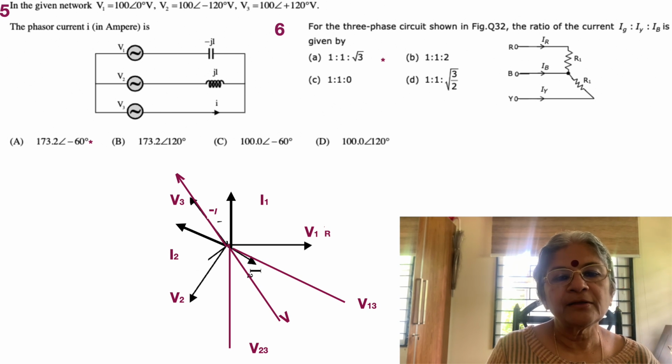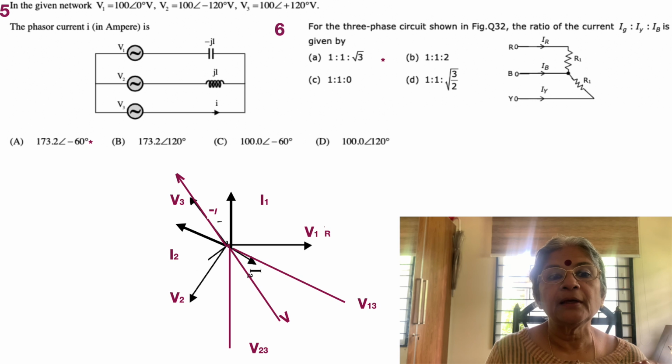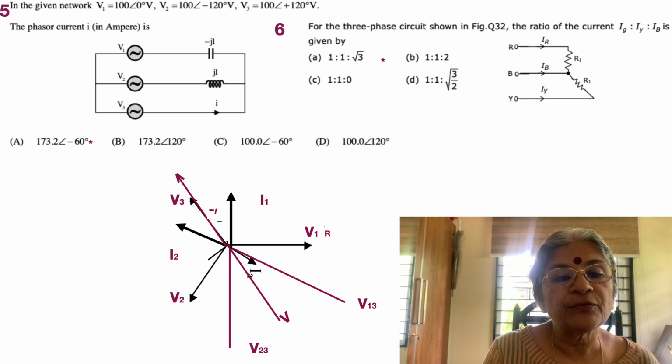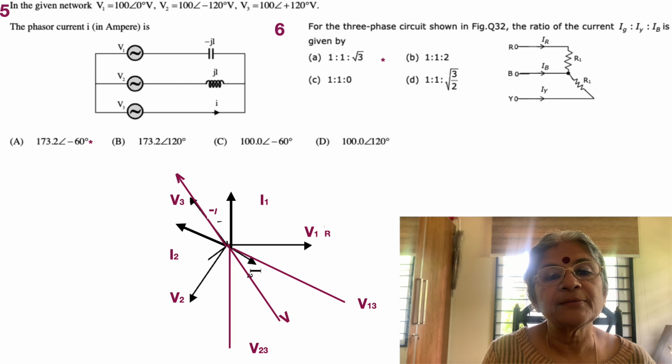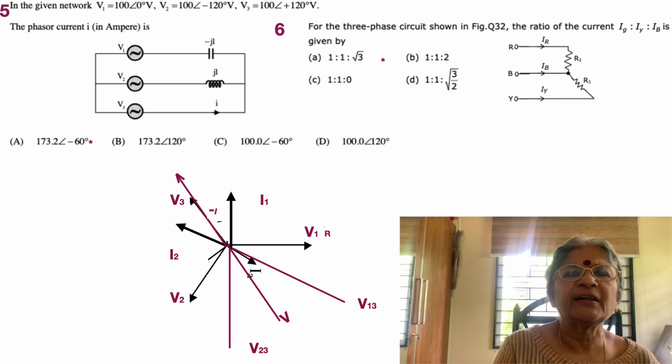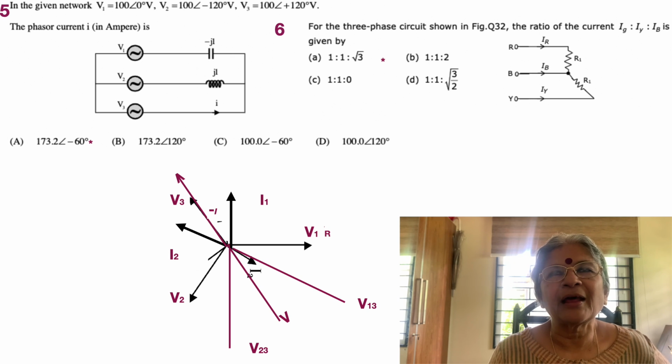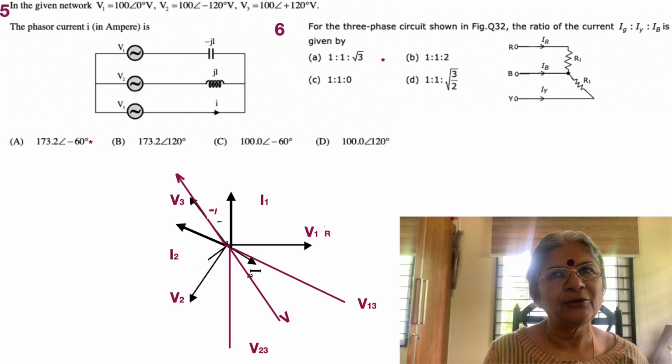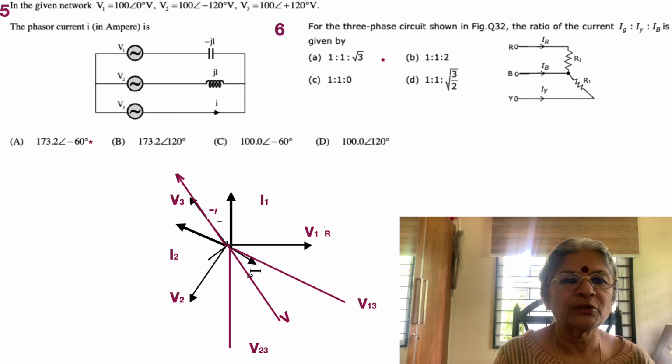IR is going to face resistor R1, IY is going to face resistor R2, and IB is going to be the total of these two currents. It's very clear that when you have a sum of two currents at 60 degrees with respect to each other, the magnitude is going to be root 3 times. So 1 is to 1 is to root 3. As simple as that.